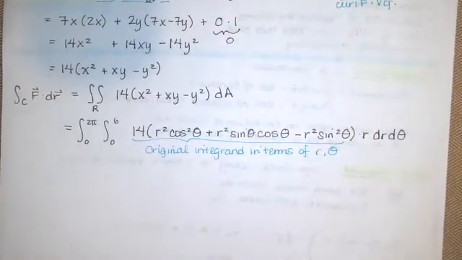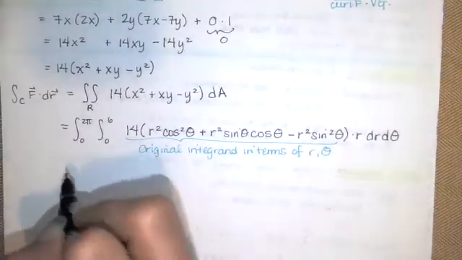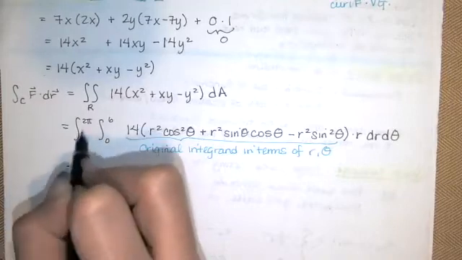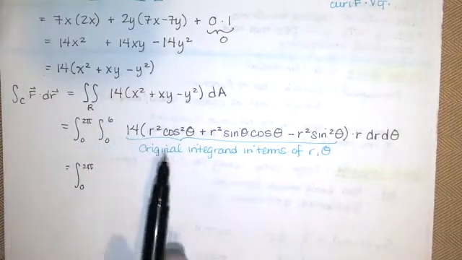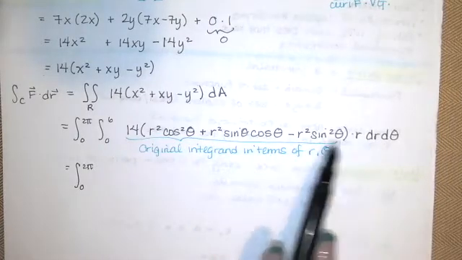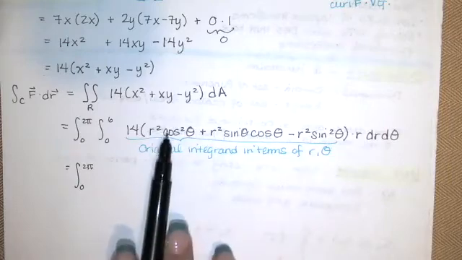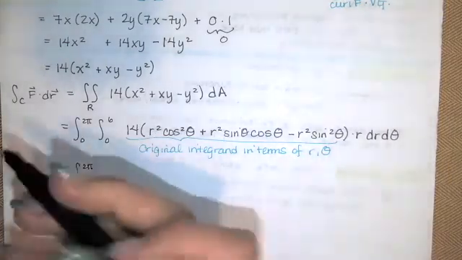Now we can integrate with respect to r first and then theta, or the other way around. Either one is fine because our bounds for r and theta are both constants. I see that all of these have an r squared in common, and then I've got this extra r out here. So I'm going to distribute that r in, so I'd have an r cubed for every factor, and then I'll factor out r cubed from everything.